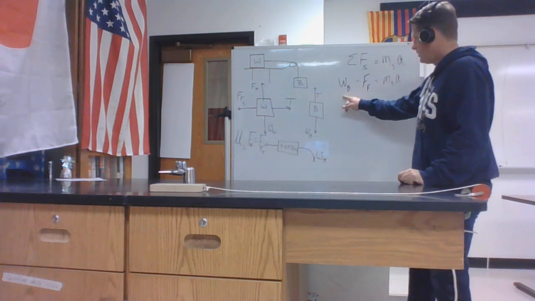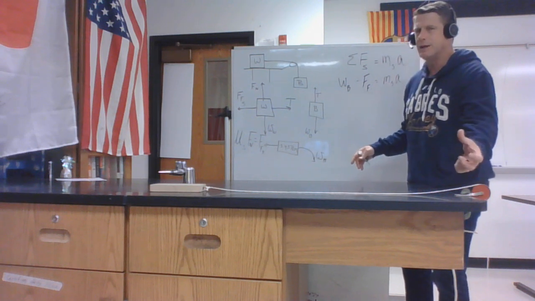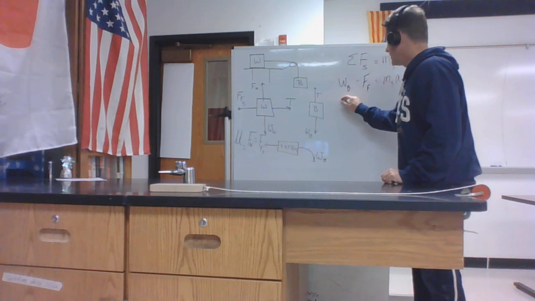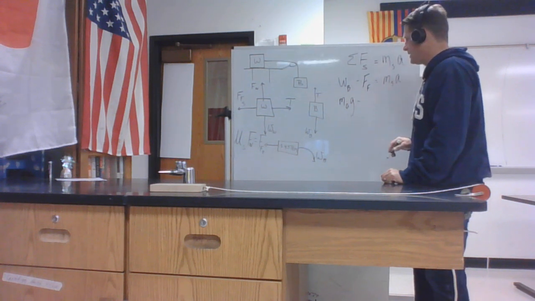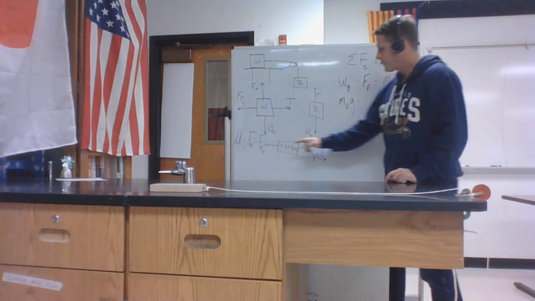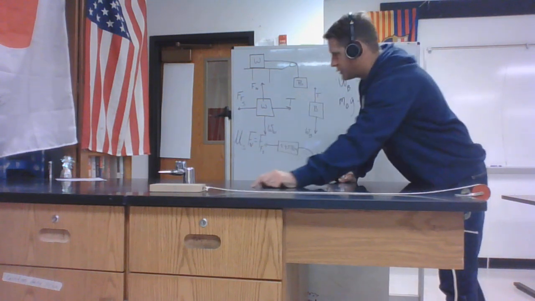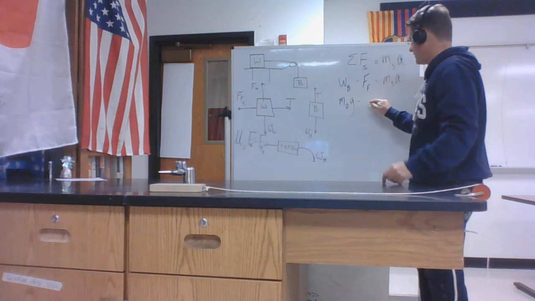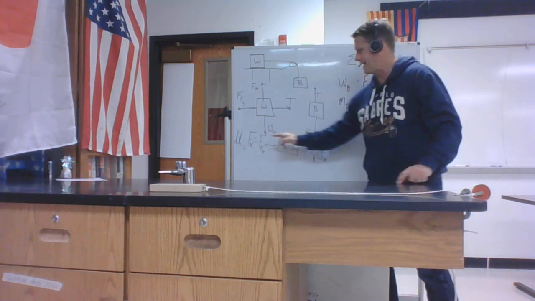So what's this? I'm just going to call this the mass of the black blocks. So this is M times the black weights times G, minus, what's my friction force there? Well, it's mu times the normal, but that's really mu times the weight of that in this particular situation. So that's my coefficient. Once we slide, that's going to be different.